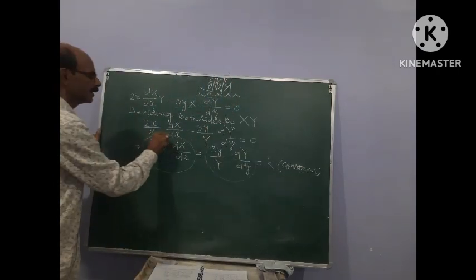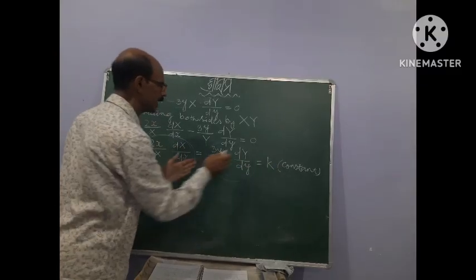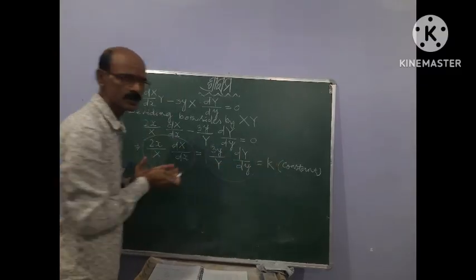Right? This is equal to this. Suppose this is equal to a constant k and this is equal to the same constant k.